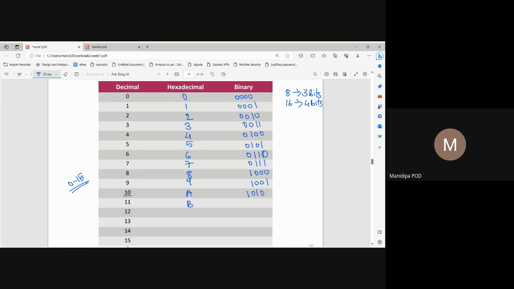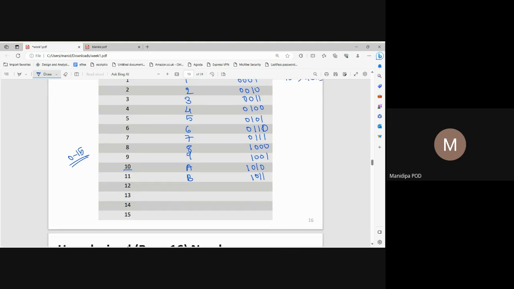11, I will write it as B, and in binary that is 1011. 12, I will write it as C, which is 1100. 13, I will write it as D, which is 1101. 14, I will write it as E, that is 1110.